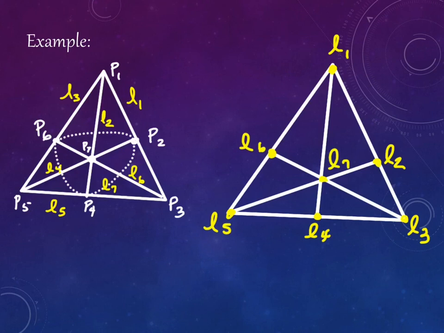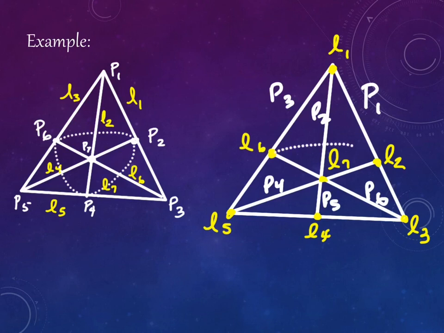And then our lines, which were written now as points, are P1, P2, P3, P4, P5, P6, and the one that's missing, the infinity one, P7.